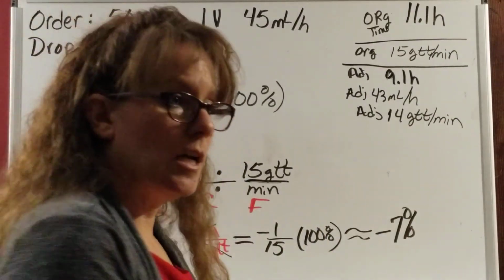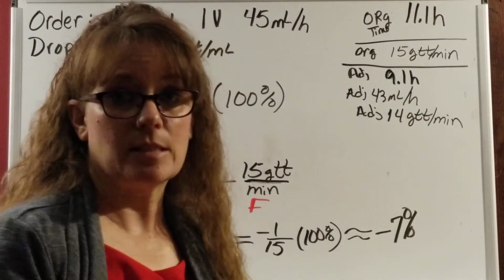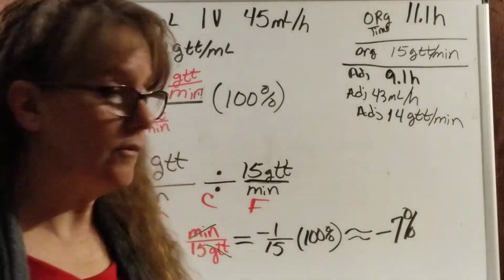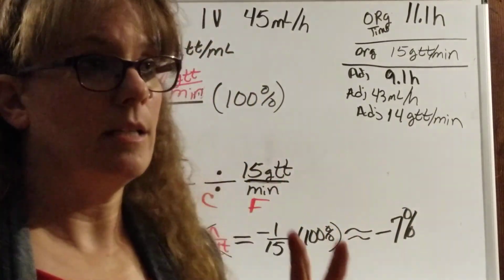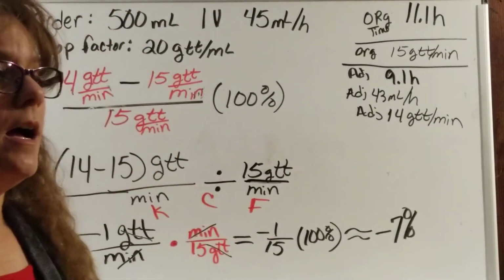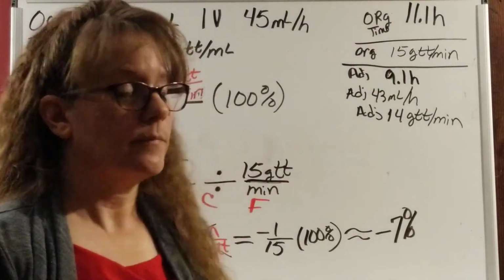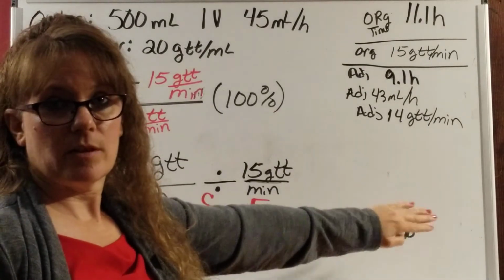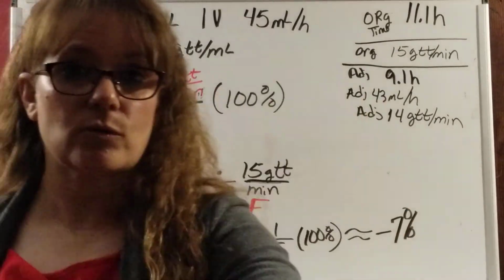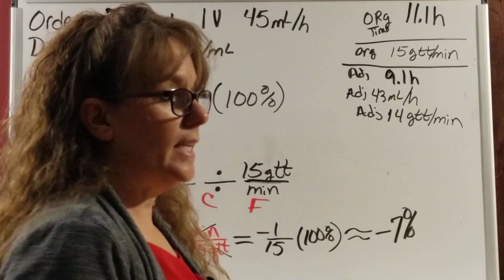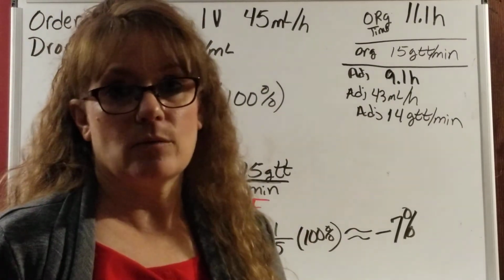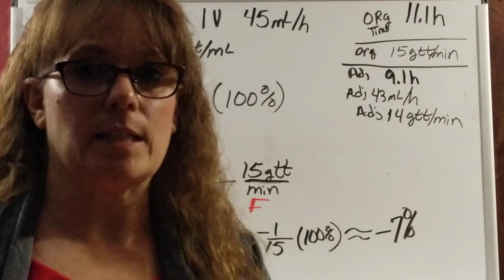If it falls below 0%, then that means that it's a negative number, and that's what we have here. Then that means the adjusted rate is set too fast, and we need to decrease it. If this variation number was over 25% based upon this protocol, then the adjusted rate would be too slow and we need to increase it.